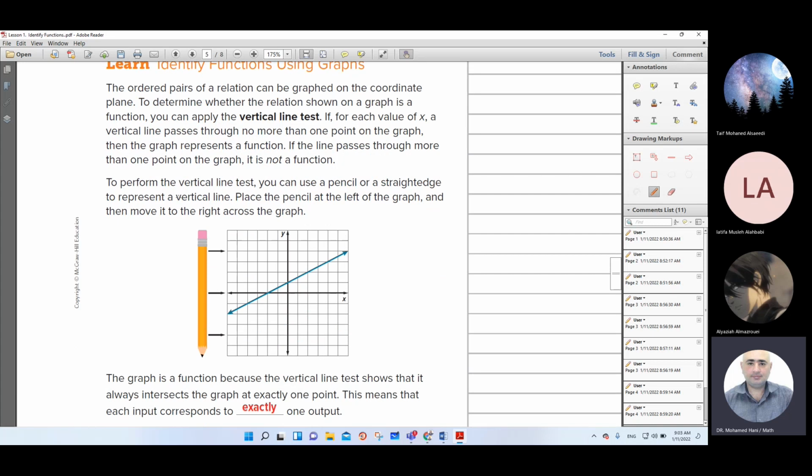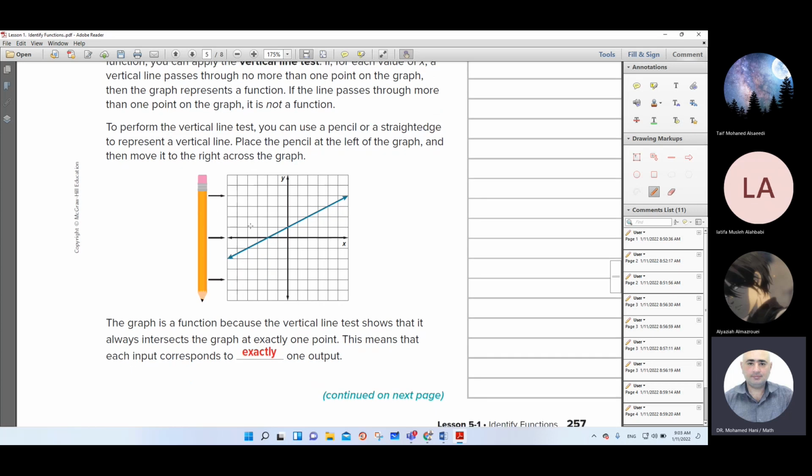To perform the vertical line test, you can use a pencil or a straight edge to represent a vertical line. Place the pencil at the left of the graph and then move it to the right across the graph. Look for points on the vertical line. As you see here, on this line we have 2 points.